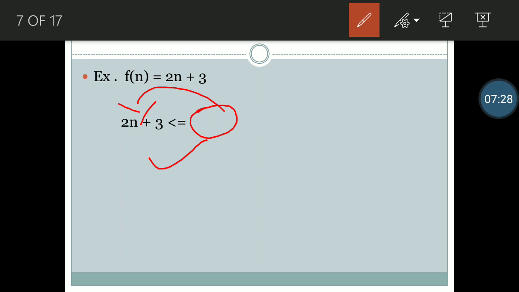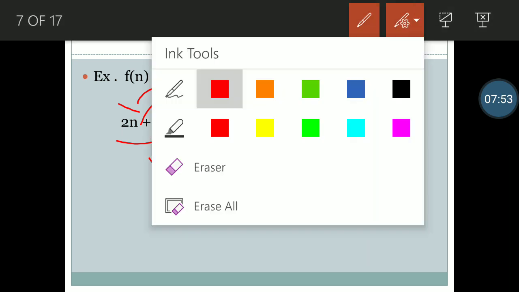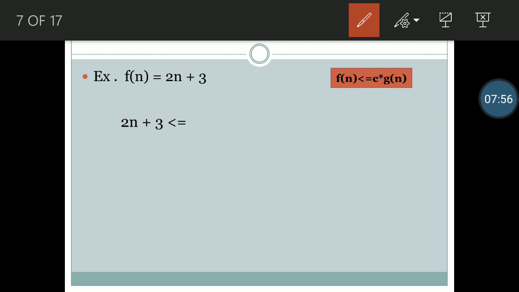If we put some value which is greater than or equal to this value, then this equation will be right. Keeping in mind that our function f(n) is less than or equal to c into g(n), we will require two things here: first one is c and second one is g(n).